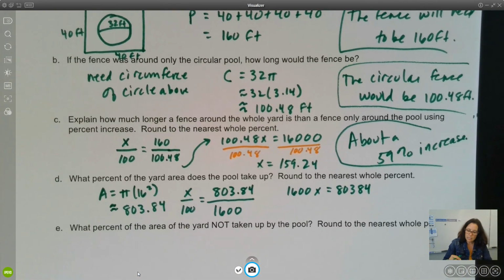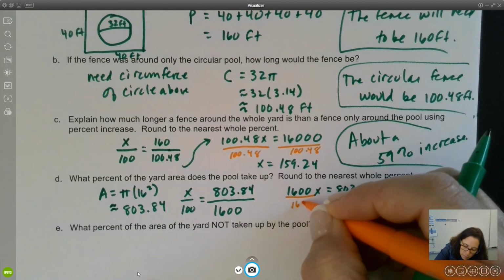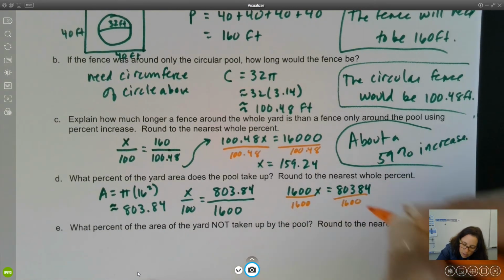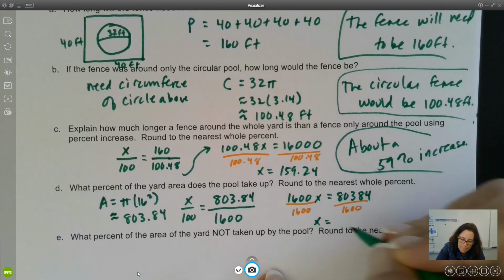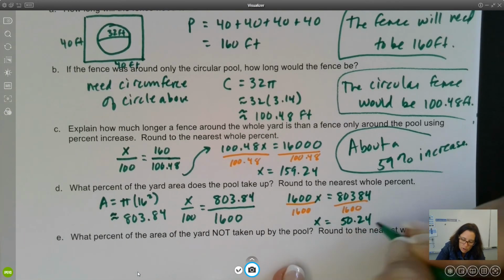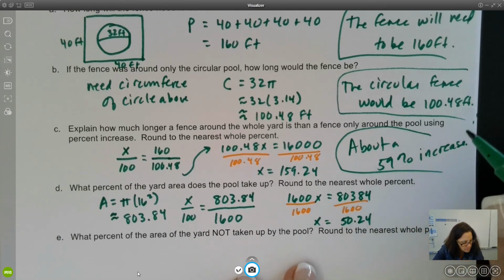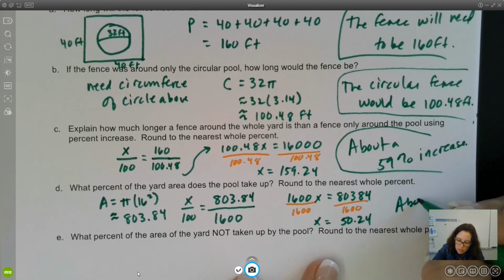When I divide 80,384 by 1600, I get 50.24. It says the nearest whole percent, so about 50%.